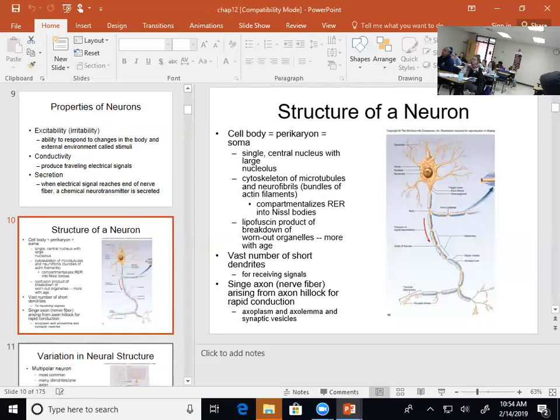Yes, so that the postsynaptic cell can get its signal. Is that right? And then in the postsynaptic cell, an action potential gets generated and it can send it to another cell. Are you with me on this? Think about these cellular pathways that have to happen.